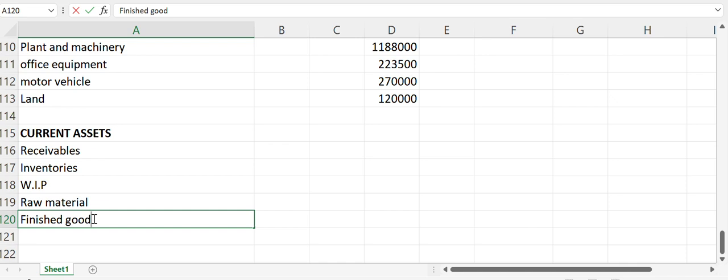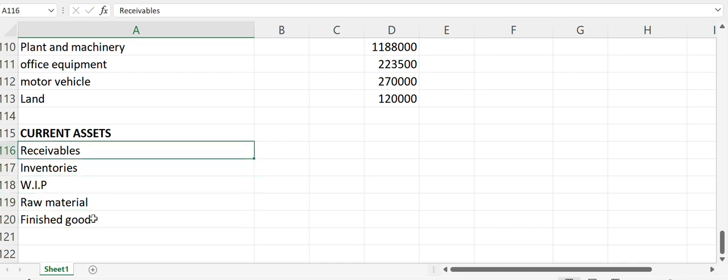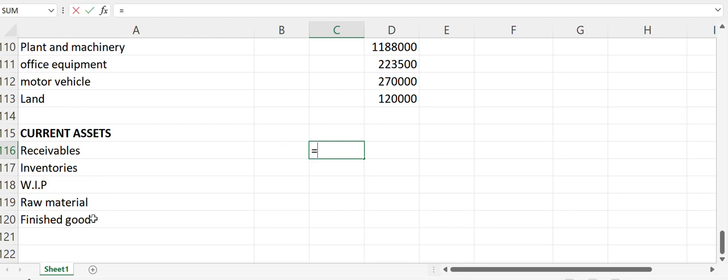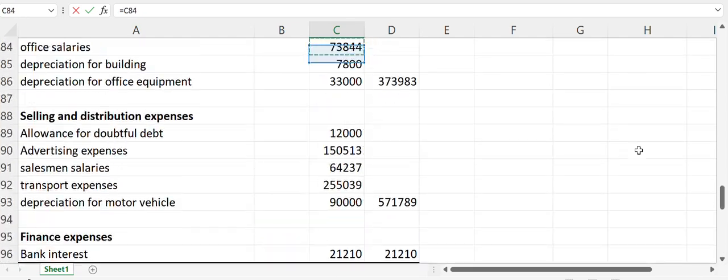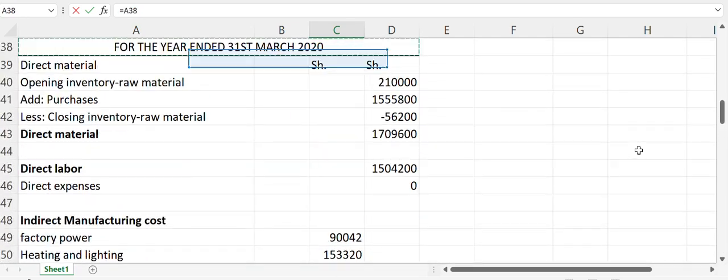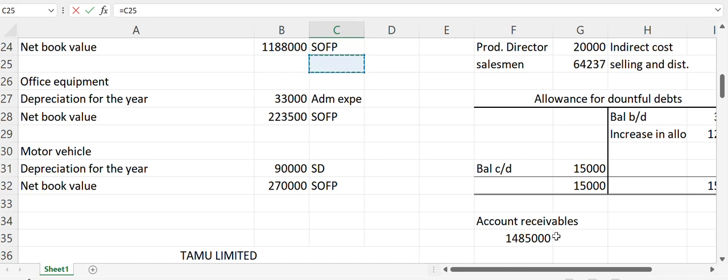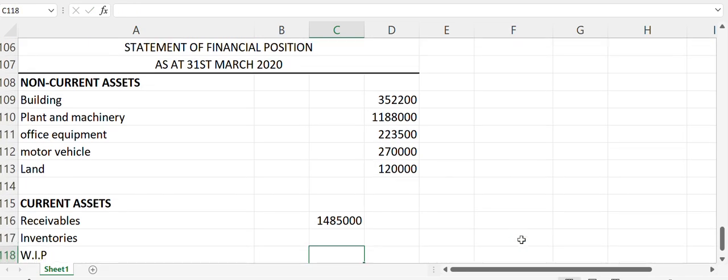And then we can now add the prepayments. Okay, we are going to check for prepayments. So for receivables, we had computed the value for receivables at the end of the year. Here it was here. Yeah, that is the value for receivables at the end of the year.